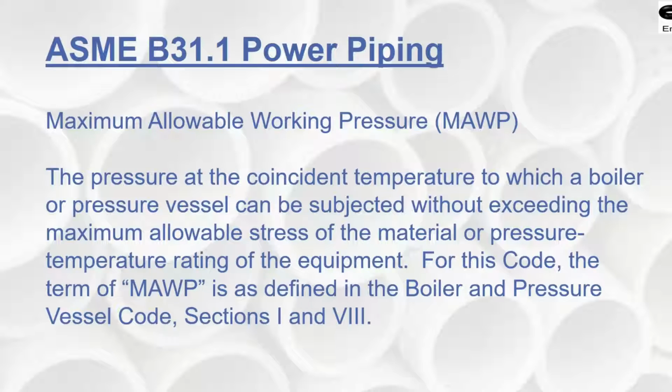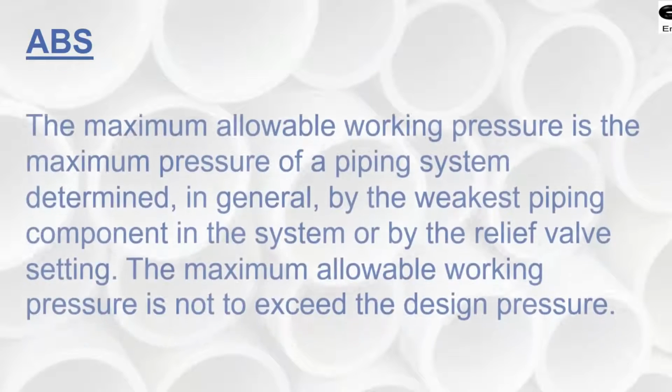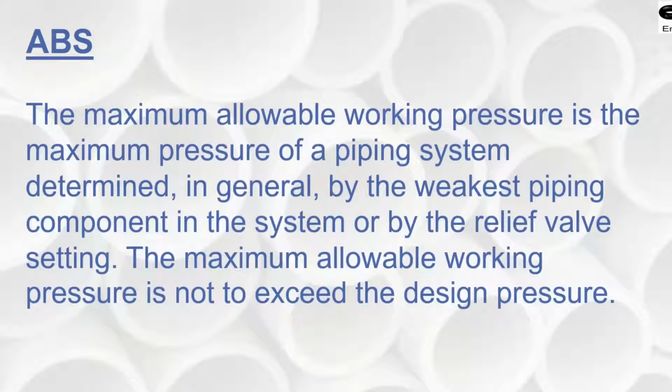And for B31.1, the term MAWP is defined in the Boiler and Pressure Vessel Code, Sections 1 and 8. Now here's where it gets a little confusing when you get over to ABS and you start dealing with some vessel rules.